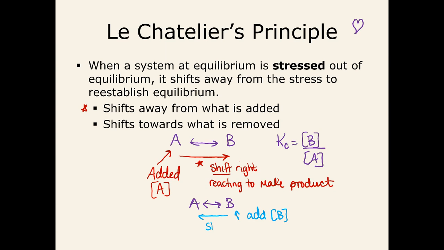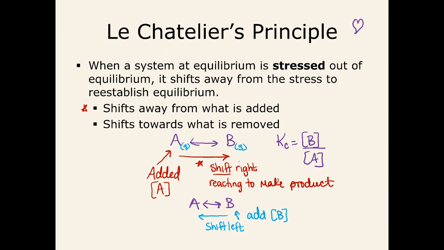So it's going to shift left. Now, keep in mind that these would have to be gases or aqueous, so it has to appear in our equilibrium for this to be true. So solids and liquids, this doesn't apply.